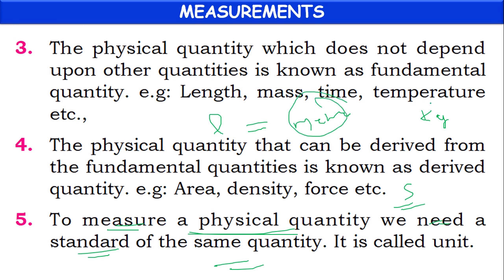This meter, kg, second, these are the standards of the same quantity. So they are called units. Physical quantities can be measured with the help of standard units, which are fixed and accepted all over the world.